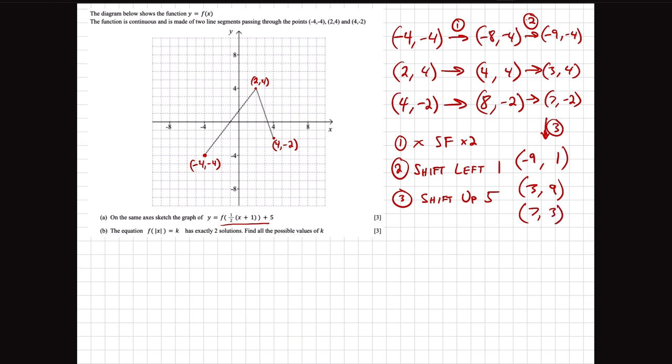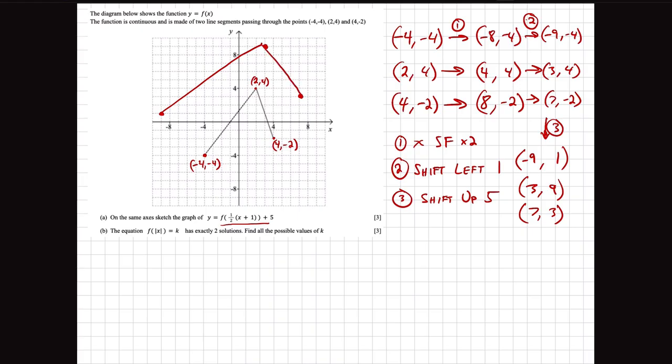All right, very good. So these are going to be our endpoints: -9, 1, 3, 9, and 7, 3. So our function will look something like that.